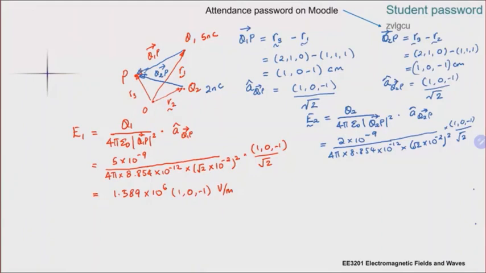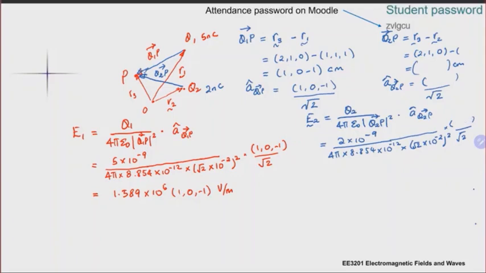R2 is not (1, 1, 1). R2 is given as (1, 0, 0).